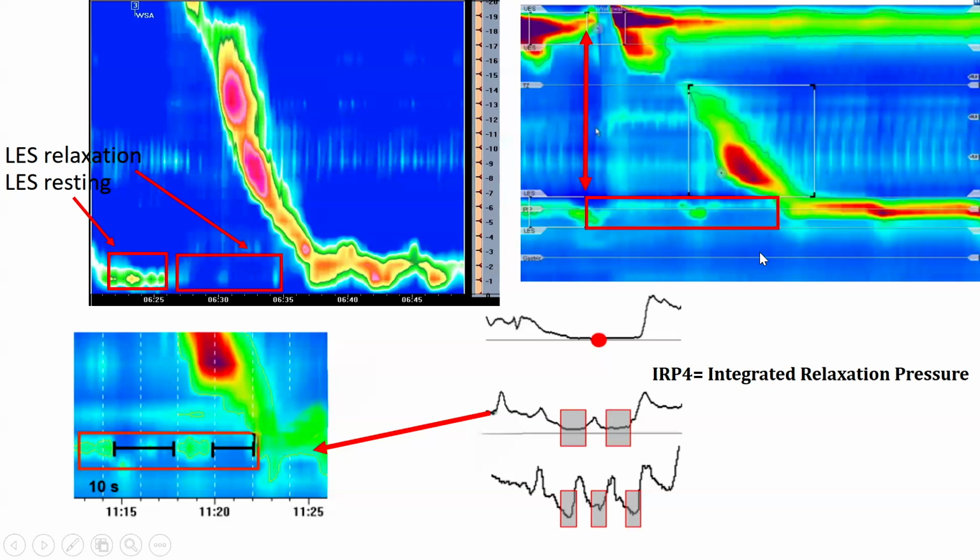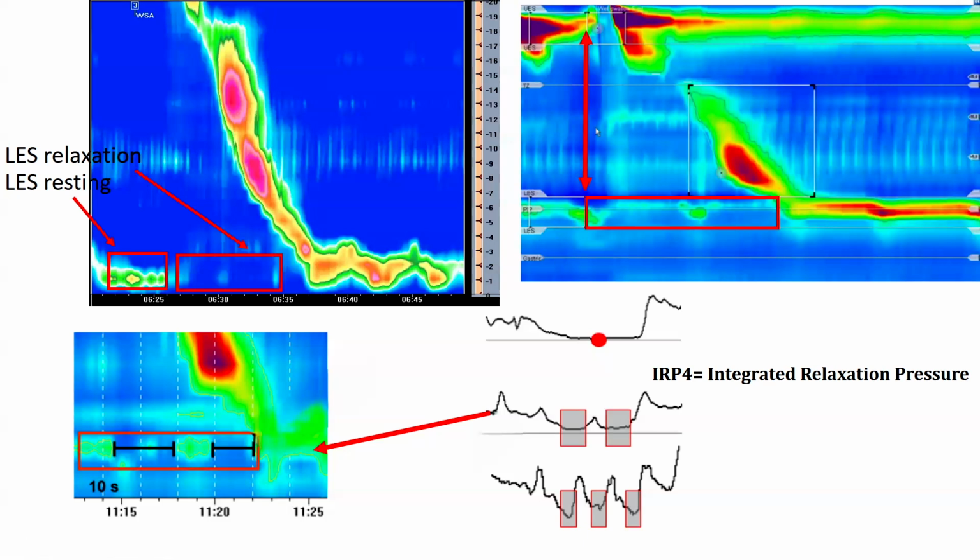We have to be very careful when we put this gastric pressure in the right position. Usually it should be 2 centimeters below the lower border of the LES. This is the lower border, and this is the upper border of the LES.